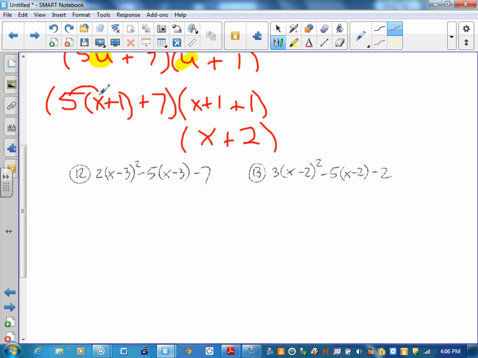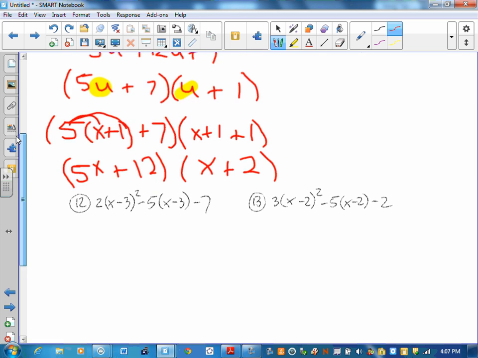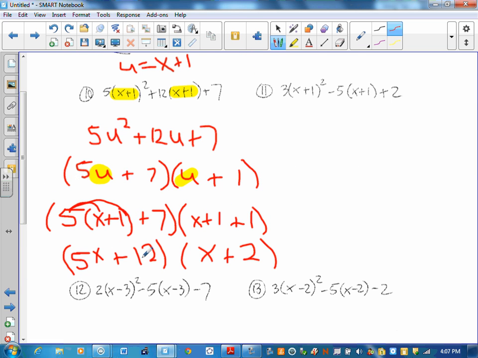Now I distribute here, 5 times X is 5X, and 5 times the 1 is 5, plus the 7 is 12. So believe it or not, the original problem and this problem here should be the same. Pretty darn cool that you can do that. U substitutions come in handy in calculus to make things that are complicated a lot simpler.